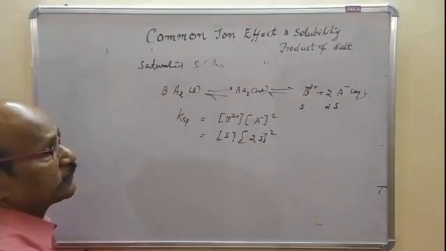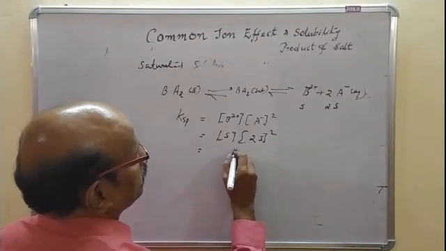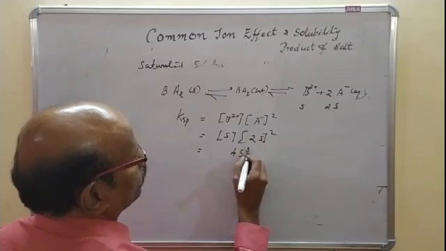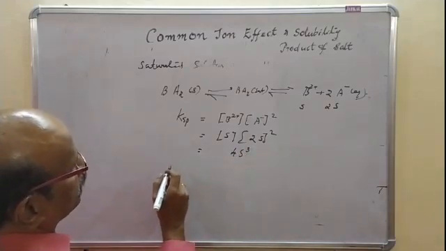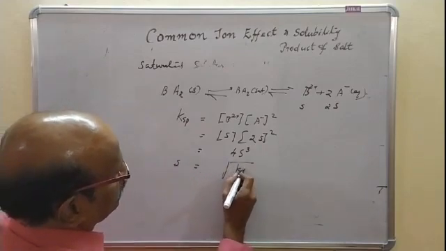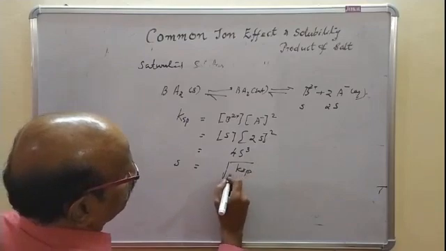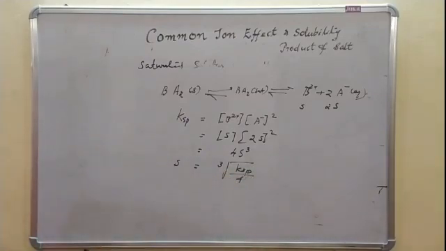So that is equal to 4S cube. Therefore S is the cube root of KSP by 4, the solubility product divided by 4.